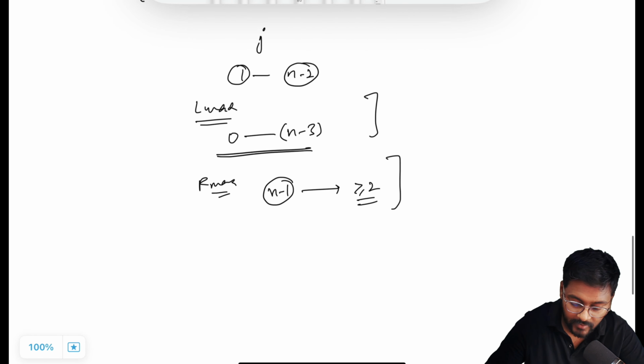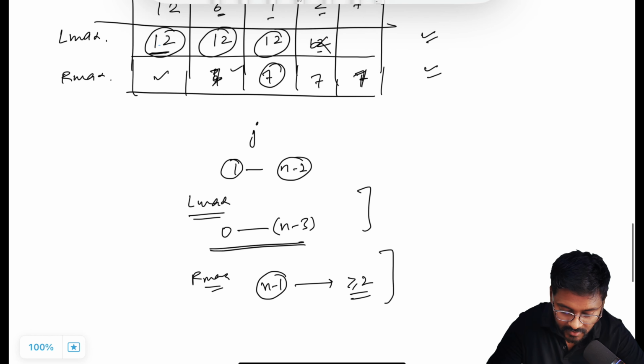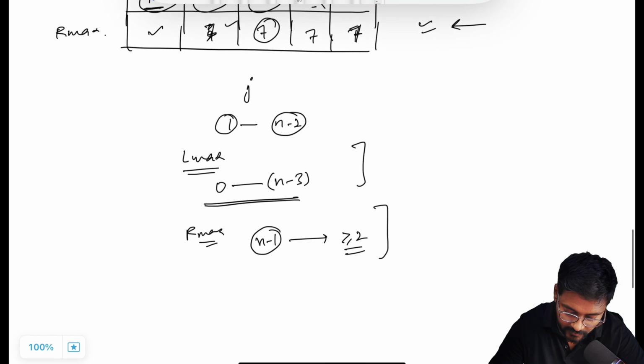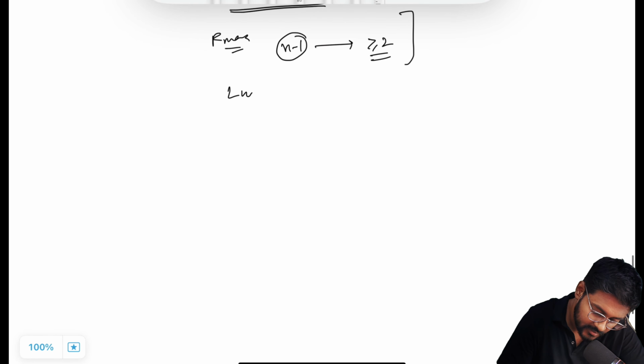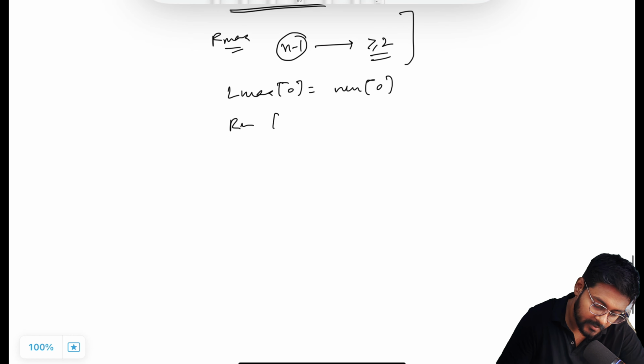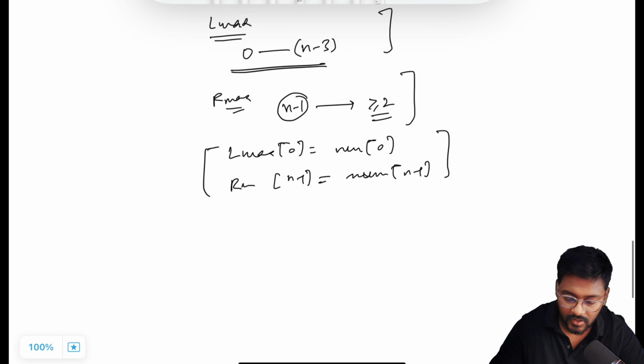First of all, I will be taking a left max array and right max array of the same size. And then what is the value of the left max? See, for initialization, left max 0 will be nums of 0, and right max n minus 1 will be nums of n minus 1. Now you can run the loop.